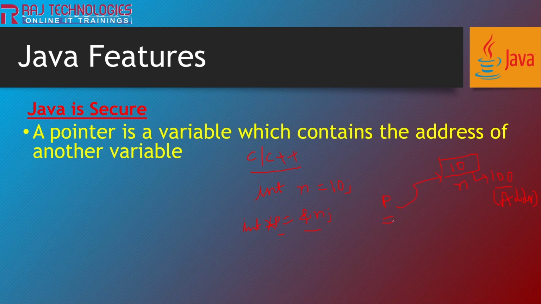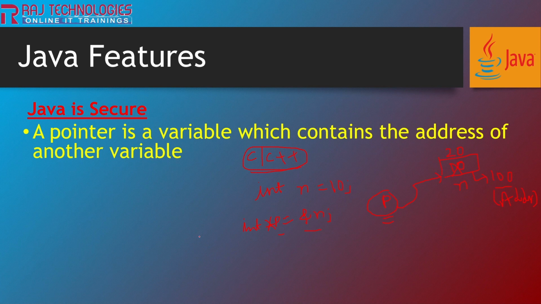Using this pointer we can go to this address and even modify the value. Meaning, using pointers we can go to any memory location and even corrupt it. That's the reason using C and C++ we develop virus or antivirus applications.